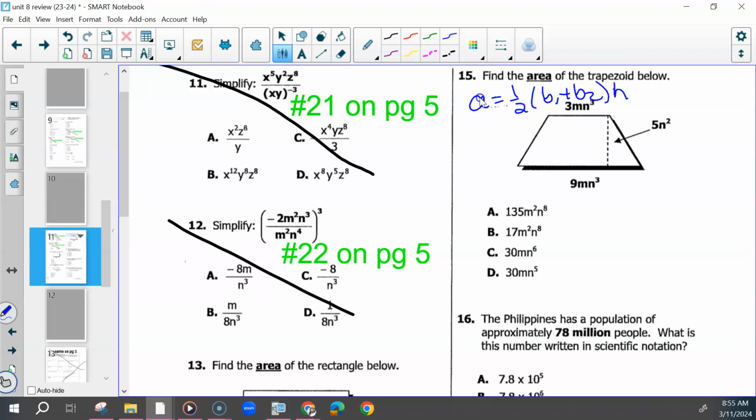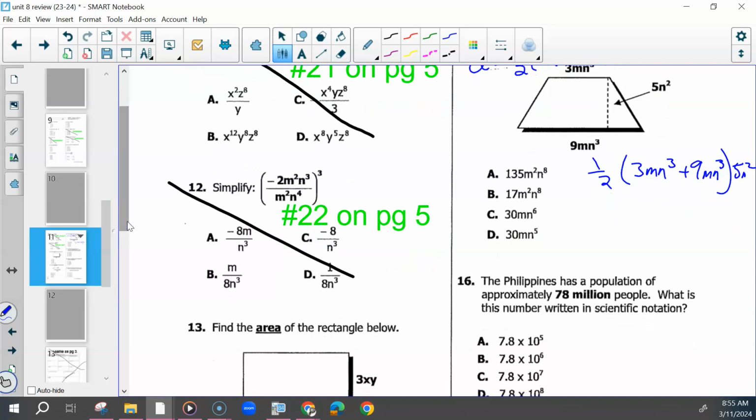This is that same area formula. So we have 1/2 times, let's call this base 1, 3mn cubed plus 9mn cubed times the height 5n squared.